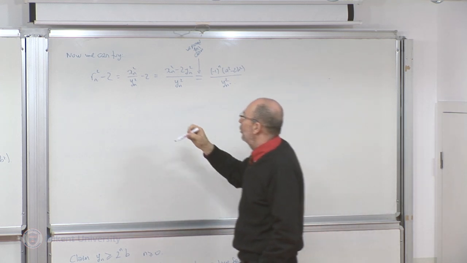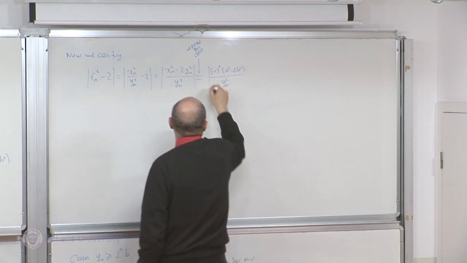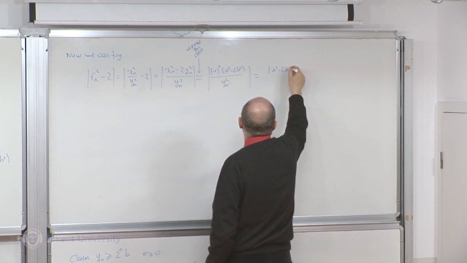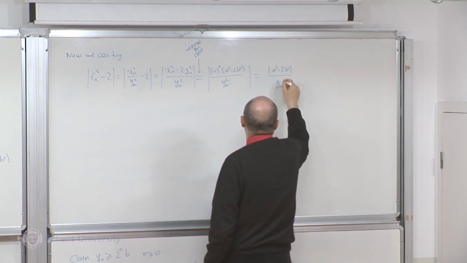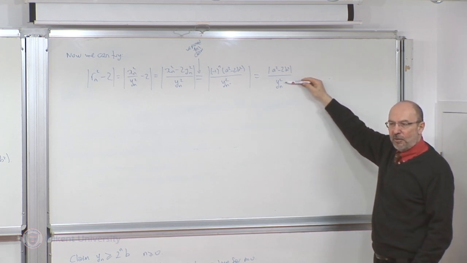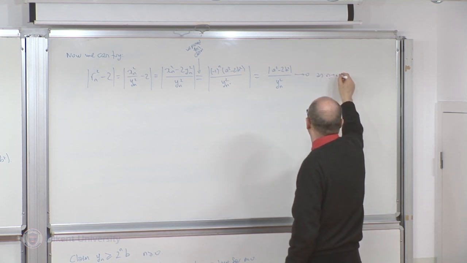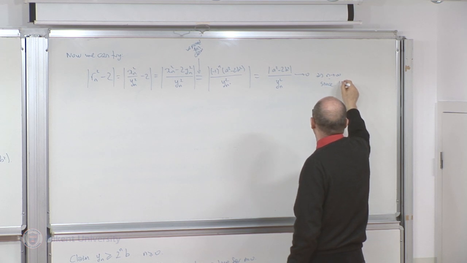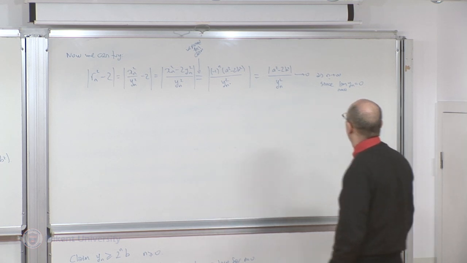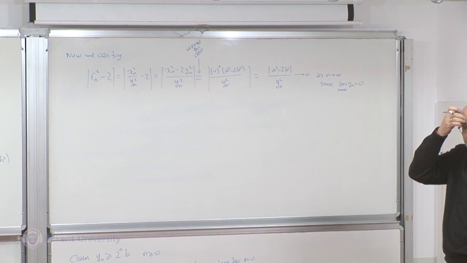So if I take the absolute value of this, I have |a² − 2b²|/yn². So a constant number divided by a sequence which goes to infinity. Okay, so this goes to 0 as n goes to infinity, since the limit of yn as n goes to infinity is infinity. Okay, so that's why we check that trivial fact that yn increases beyond bound.